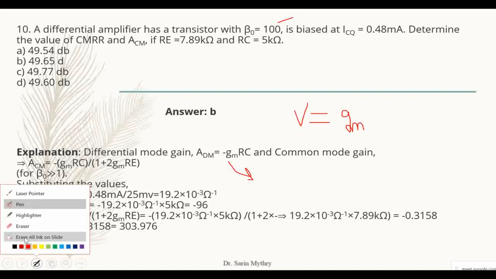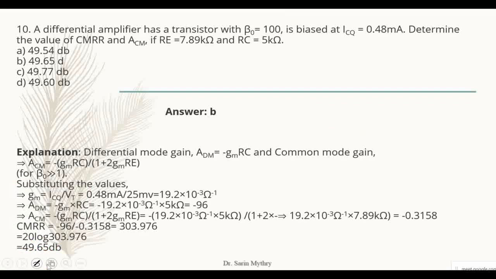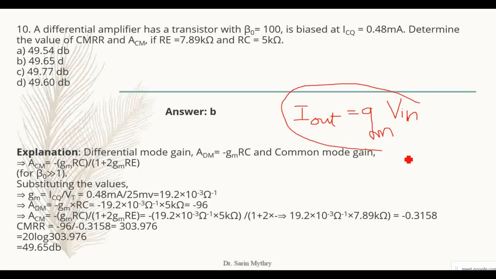It has to be output current equal to GM times input voltage. So this is your formula. Why? Because we are giving the voltage as an input and the output is going to be current. That is nothing else but the voltage to current converter. In voltage to current converters, we have studied this formula: output current equal to GM times Vin.